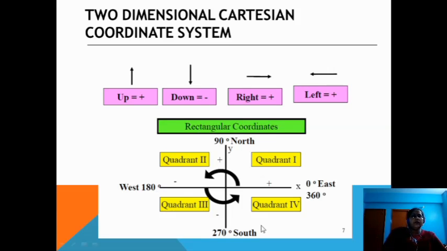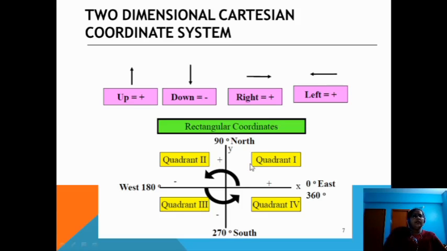So here we have this two-dimensional rectangular Cartesian coordinate system given by the two coordinate axes. Here is the x-axis and this is the y-axis, which are at right angles to each other, and this divides the xy plane into four quadrants. As per the normal nomenclature, this is quadrant 1, 2, 3 and 4.